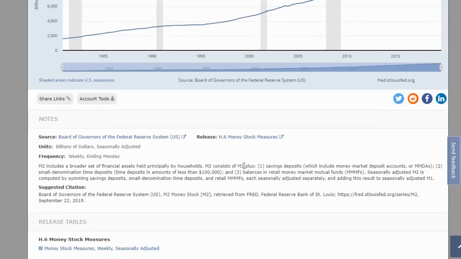M2 consists of M1 plus savings deposits, which include money market deposit accounts, or MMDAs, small denomination time deposits in the amounts of less than $100,000, and balances in retail money market funds. Seasonally adjusted M2 is computed by summing saving deposits, small denomination time deposits, and retail MMMFs, each seasonally adjusted separately, and added to seasonally adjusted M1.